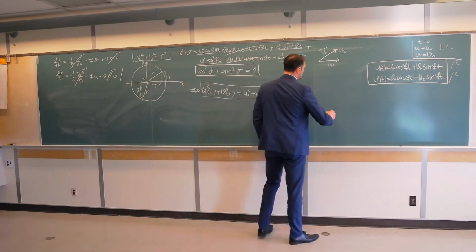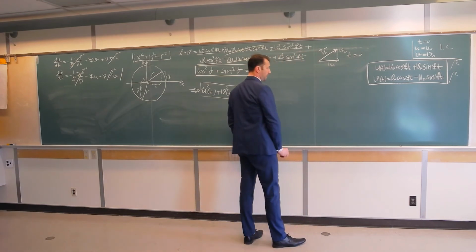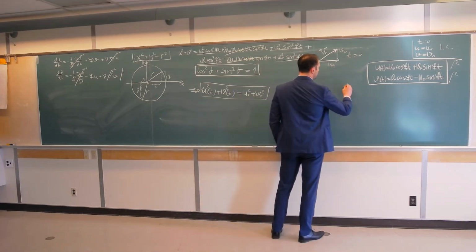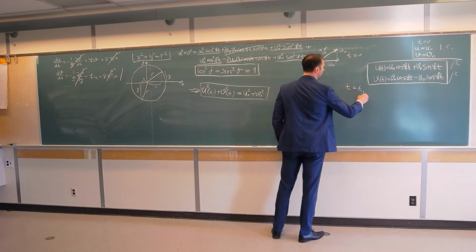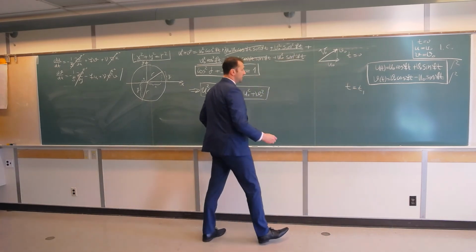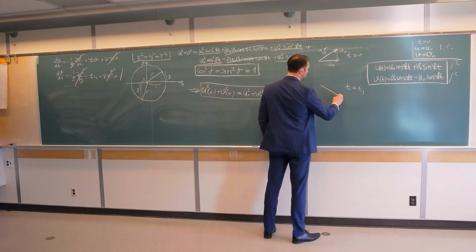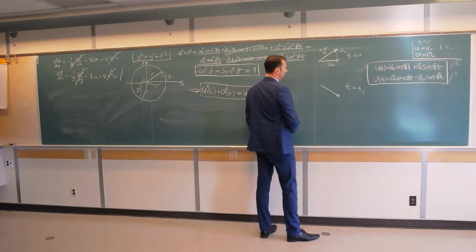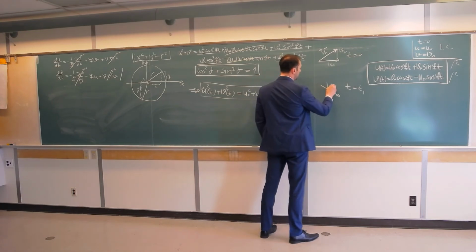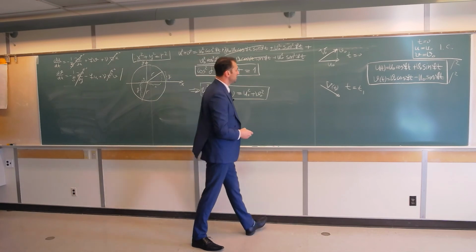So that means, well, this was at time t equals 0. Let's say at time t equals t1, we have a wind vector that looks like this, okay? So this would be wind vector V of t at time t1. So what would be the components in this case?